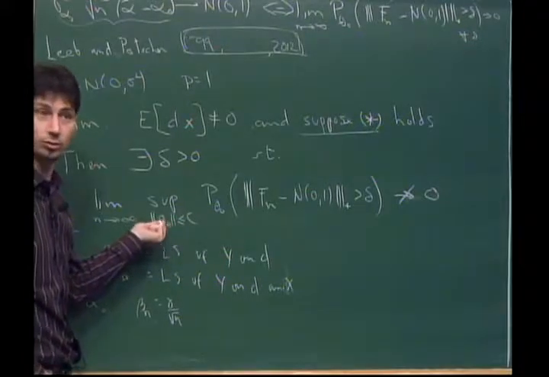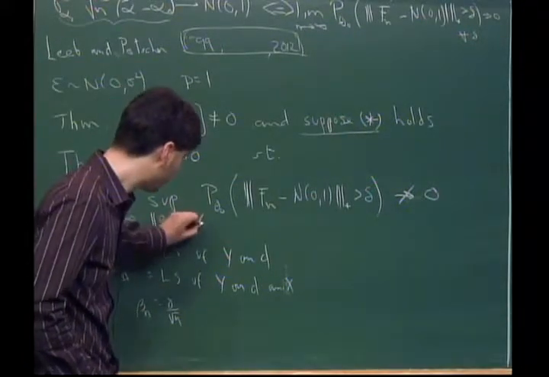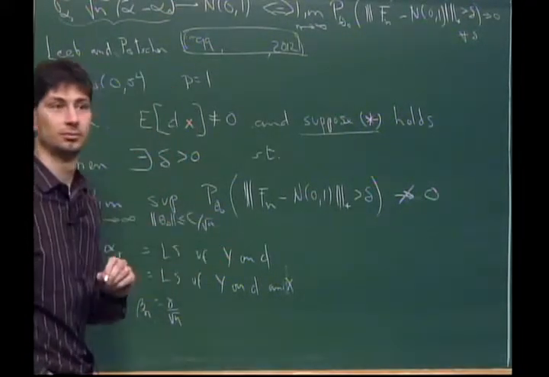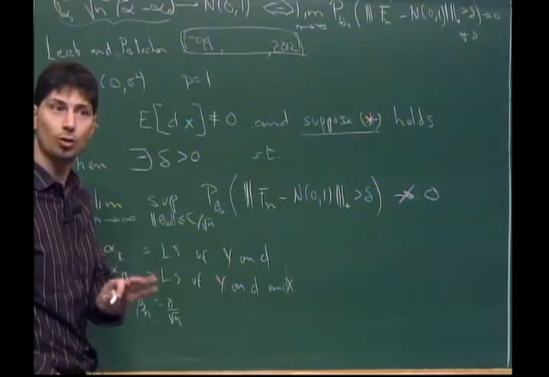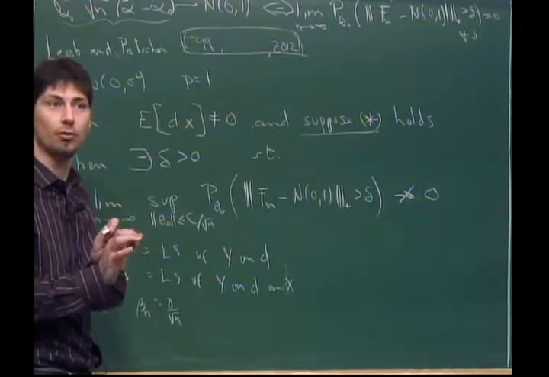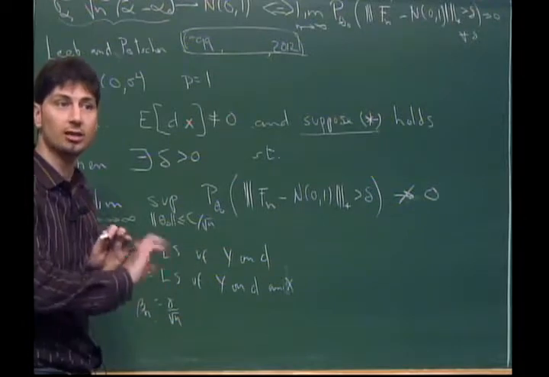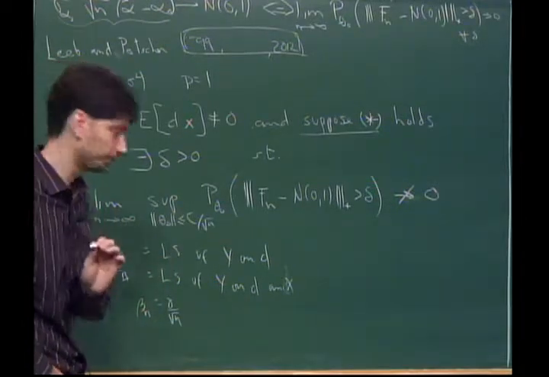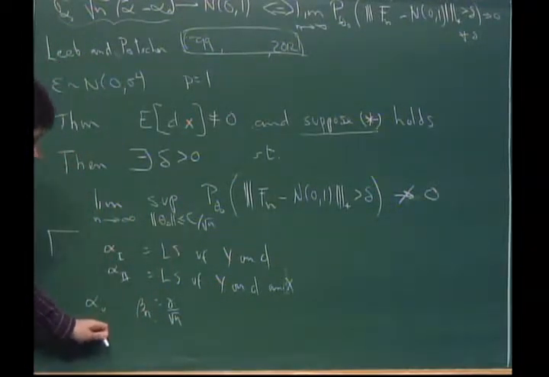But the result is still true if you do this. If you only look at a small neighborhood of radius root n, the negative result still holds, which is precisely this case. So the proof goes through for this sequence.